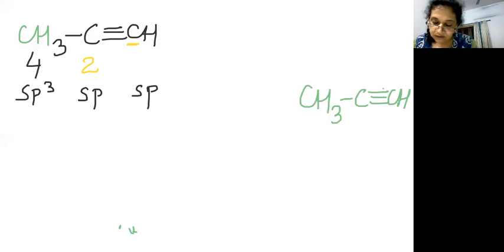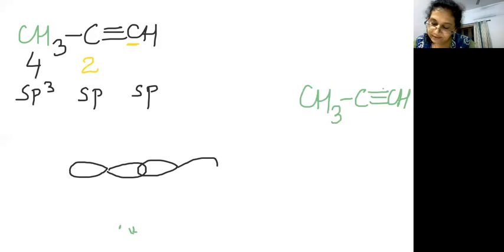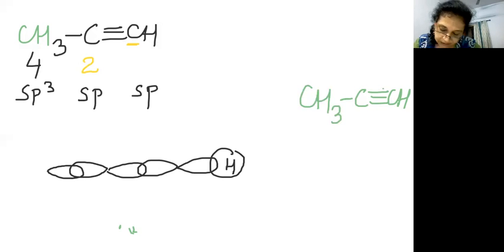Okay, let me make the multiple bond. So this is the linear sp hybridized carbon. This is the next sp hybridized carbon. To this sp hybridized carbon, I have a hydrogen. And on the other side of the center sp hybridized carbon, I have a tetrahedral sp3. Let me make that.